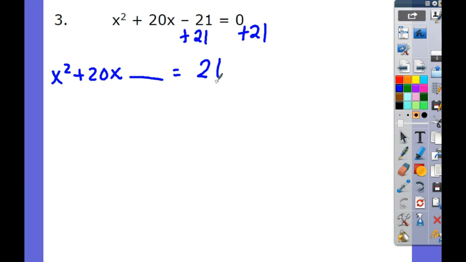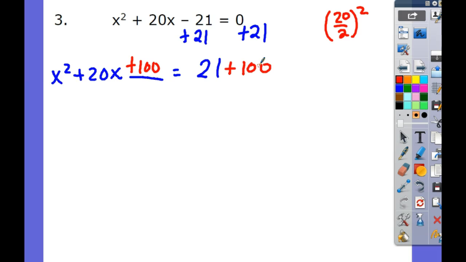What goes in that space? Over here, 20 divided by 2 and square it. What's 20 divided by 2 and square it? If I add 100 on this side, what do I have to do on the other side? I have to add 100 to both sides.